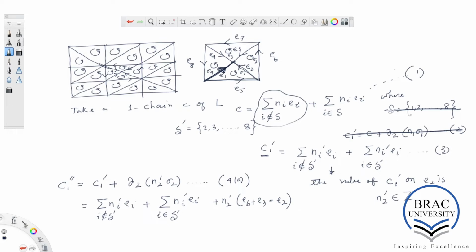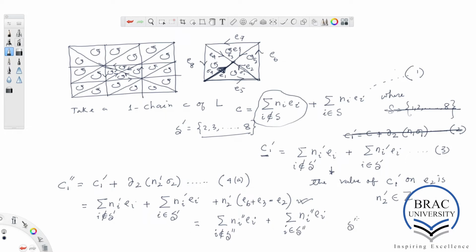All right. So see that S prime is this set, right? So there is N2 prime E2 in this sum, and that gets cancelled against this contribution minus N2 prime E2 here, so that in this expression there is no term containing E2, and you can rewrite it always as sum of Ni double prime Ei, where I does not belong to S double prime, plus sum of Ni double prime Ei, where I belongs to S double prime.